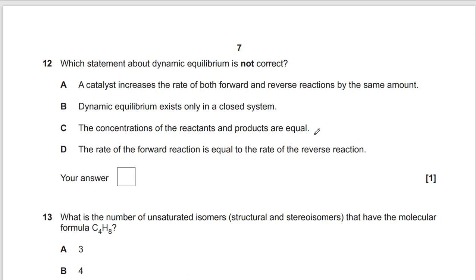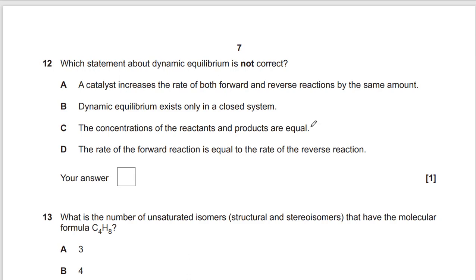That's fine. B, dynamic equilibrium exists only in a closed system. Again, I agree with that. That's one of our definitions. If you ask what the features are of a dynamic equilibrium, one of those features is that it's a closed system. Now, C, the concentrations of the reactant and product are equal. I don't agree with that, because the concentrations do not have to be the same.